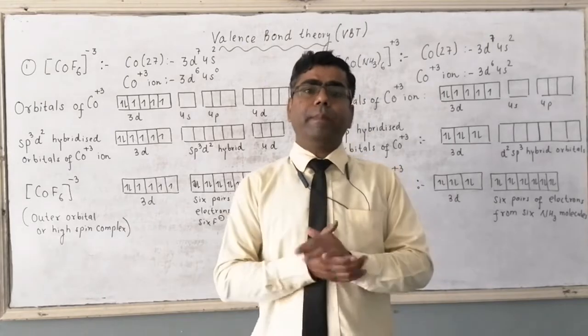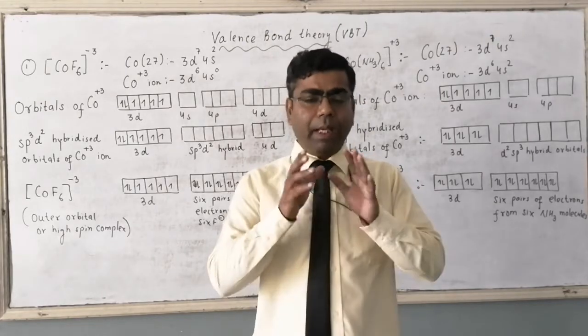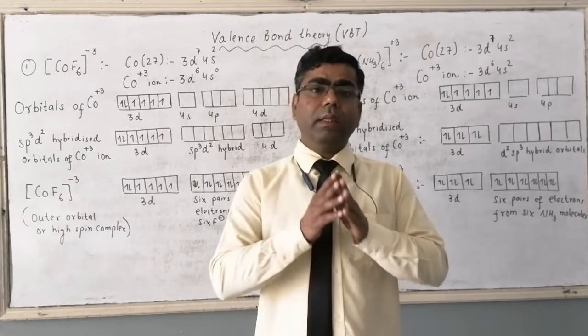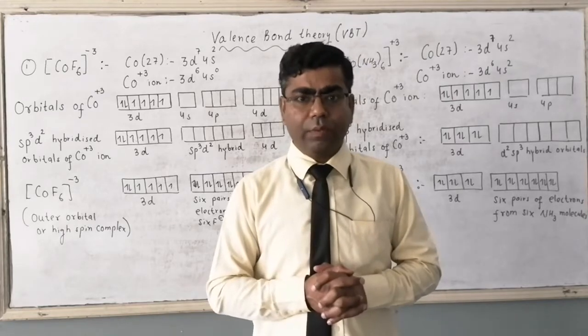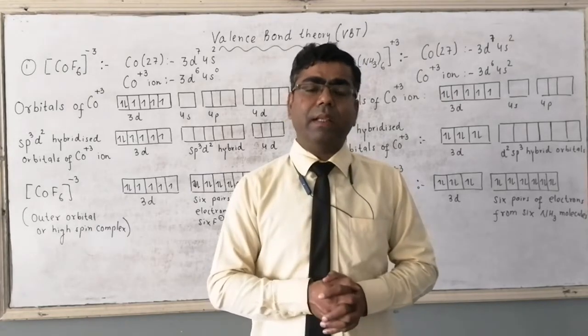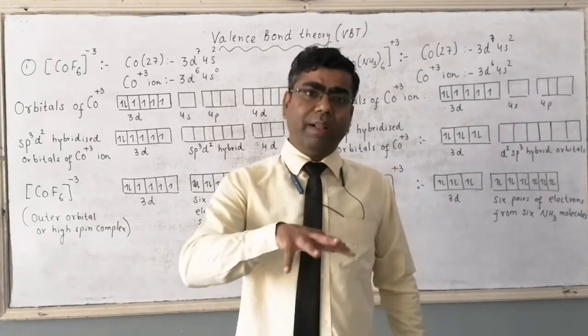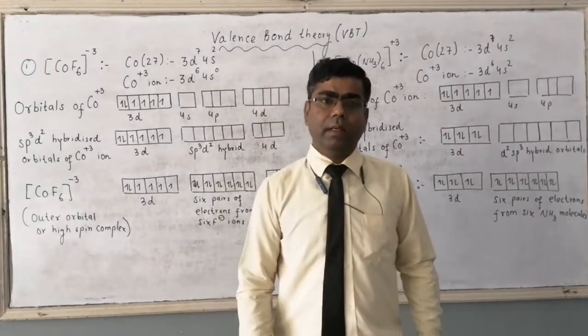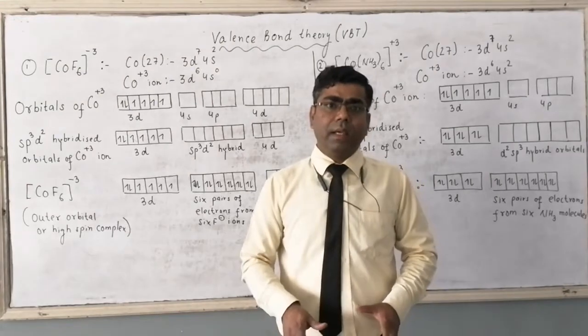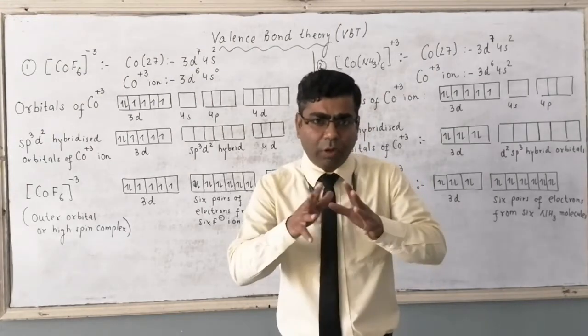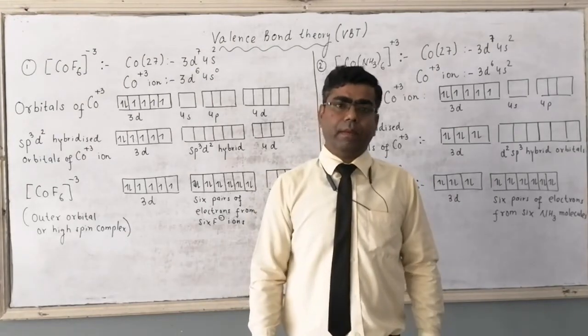So before bonding, hybridization takes place in the vacant orbitals of the central metal atom or central metal ion. These hybrid orbitals are more stable than the atomic orbitals, and they have definite geometries.